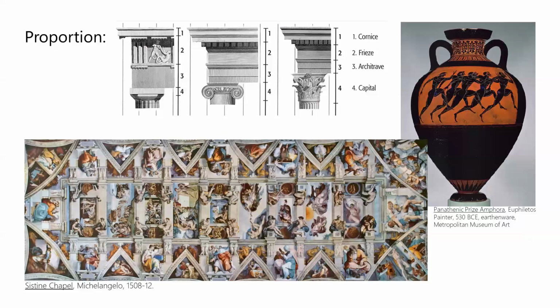Proportion. I think the Sistine Chapel is a really good example of the use of proportion, both in each of the figure drawings, it's an amazing masterclass in human proportion, but more importantly, proportion in design, the way he thought about the design problem of how to paint the ceiling, how to deal with the technical problems of how to paint a large fresco painting without having seams show, because you can't paint it all at one time.